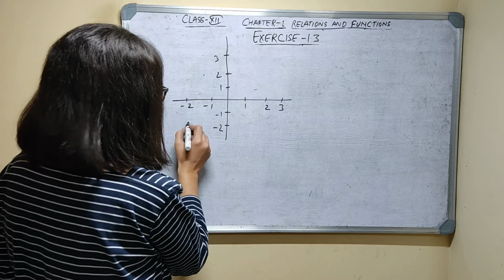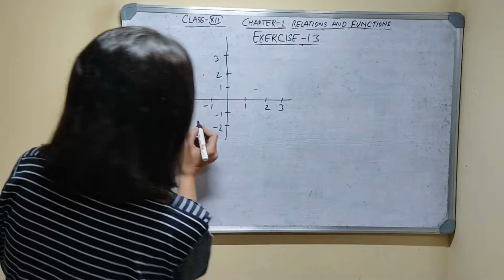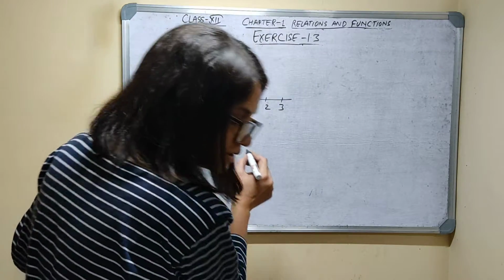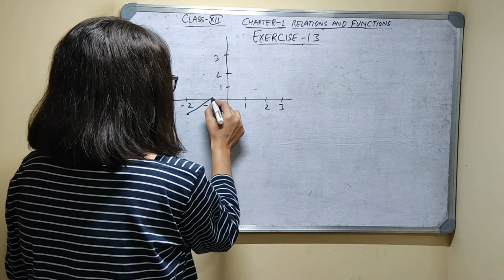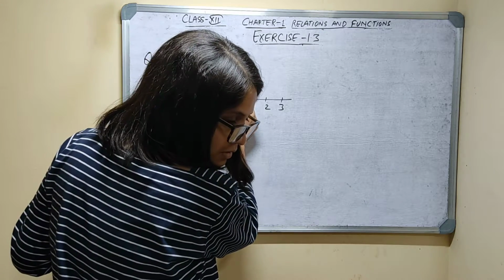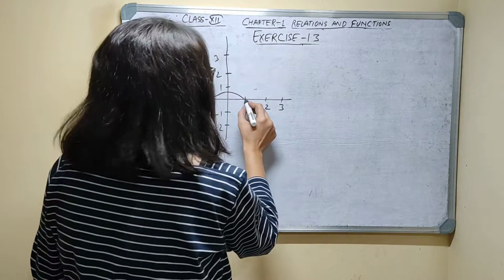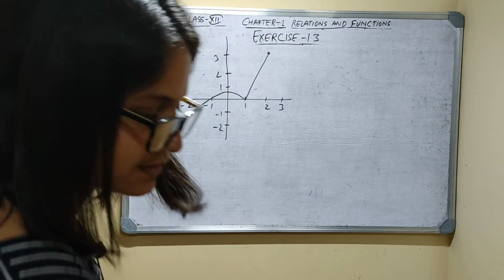This graph is like this. This point, minus 2, it is touching. Then 1, minus 1, 2, 2, 3. The graph is like this.